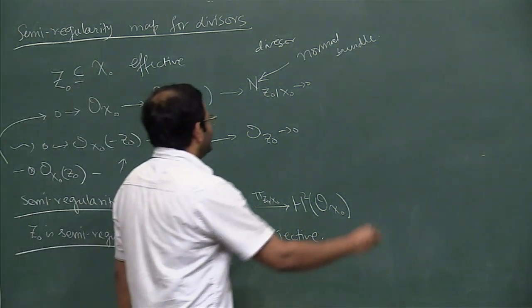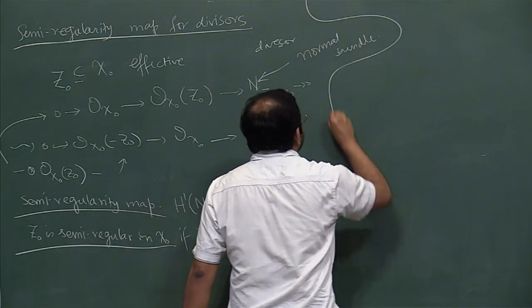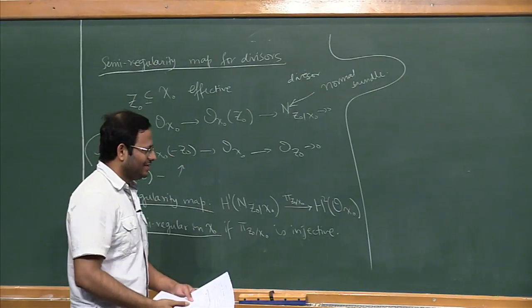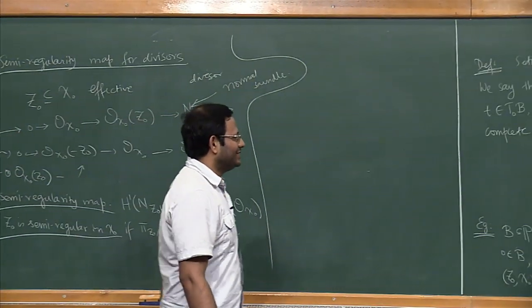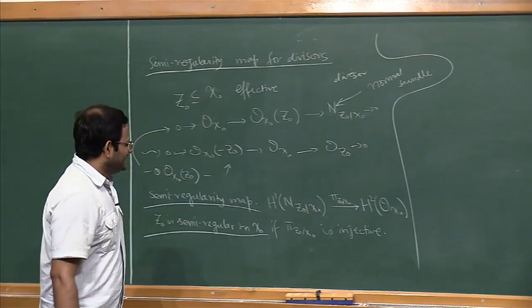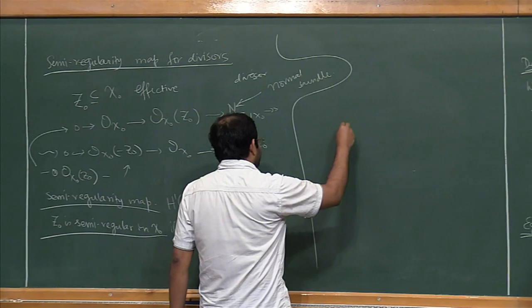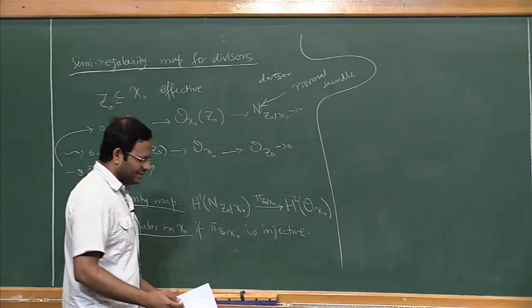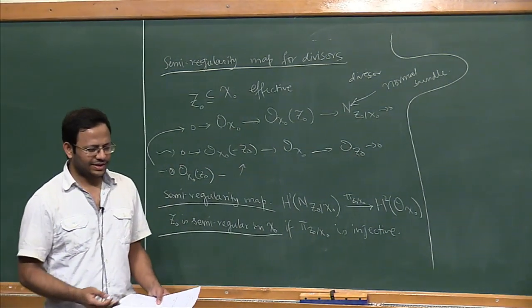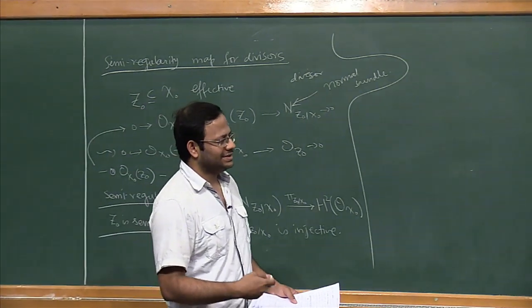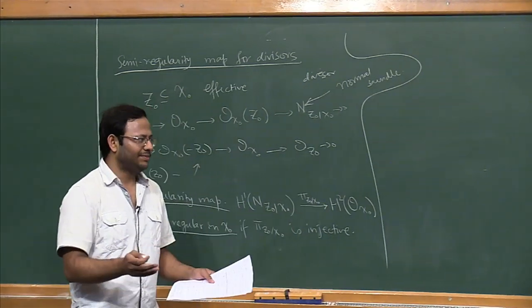Now for the application of this, how it comes into the picture, maybe I will be able to say about this example. What you start with is always a smooth projective family. That means that each of the fibers is embedded inside some projective space.